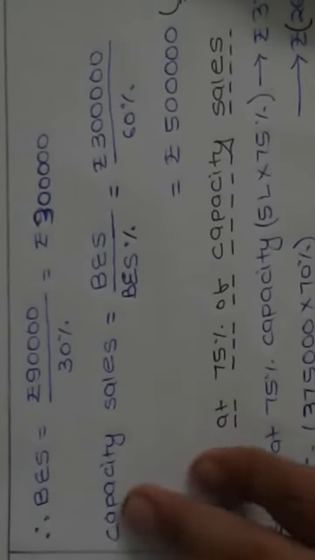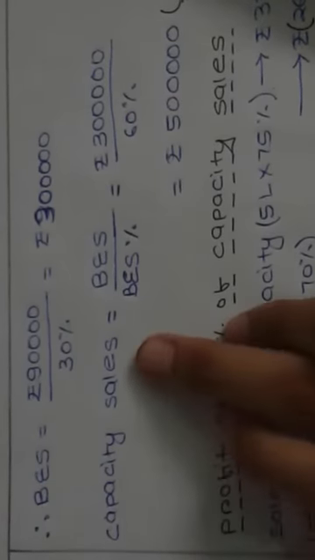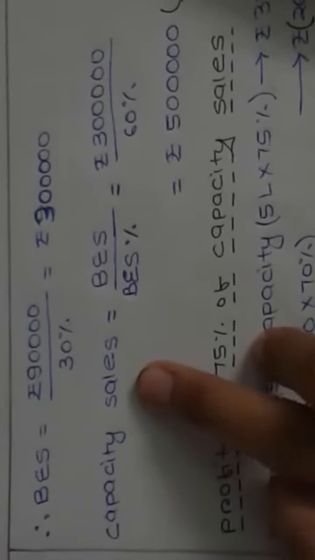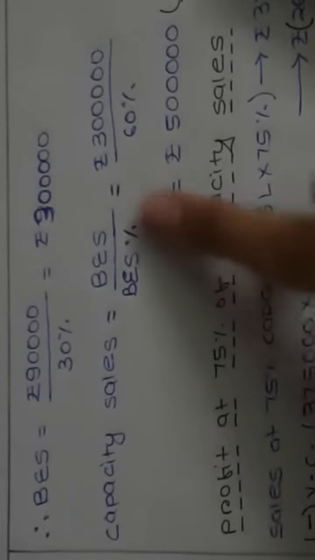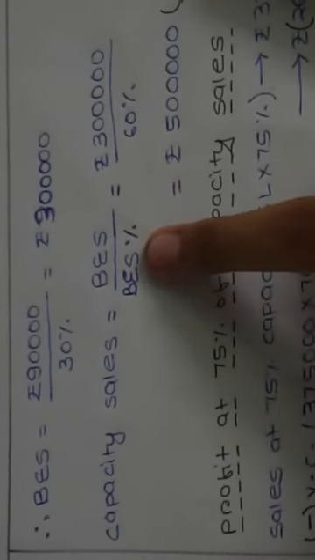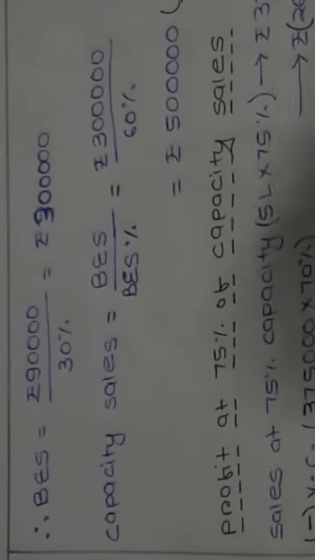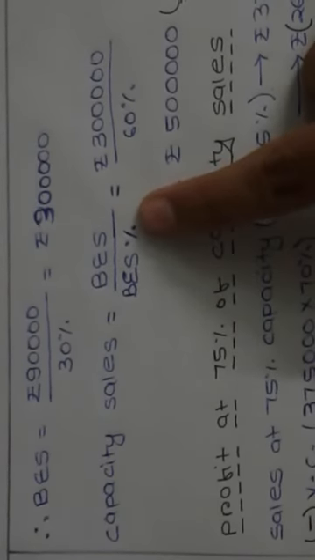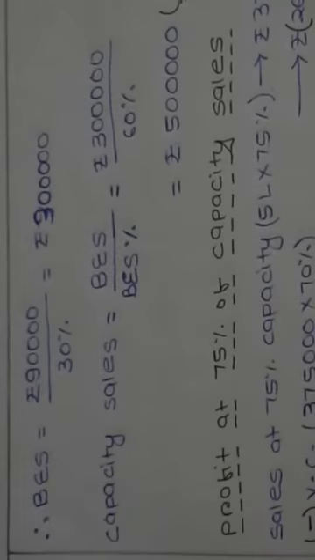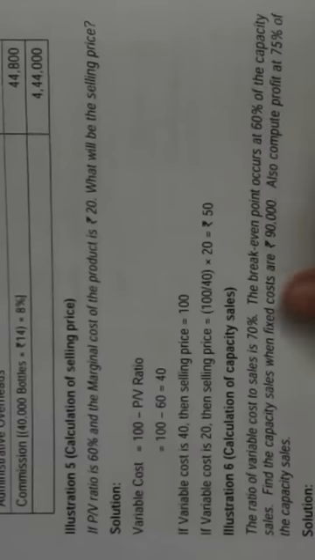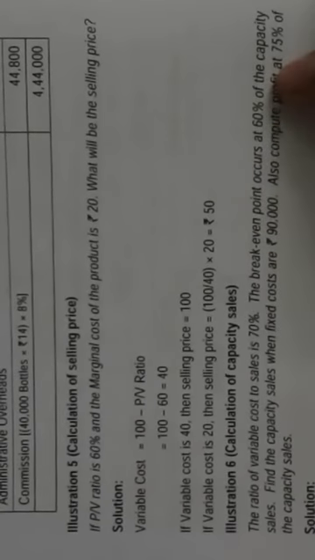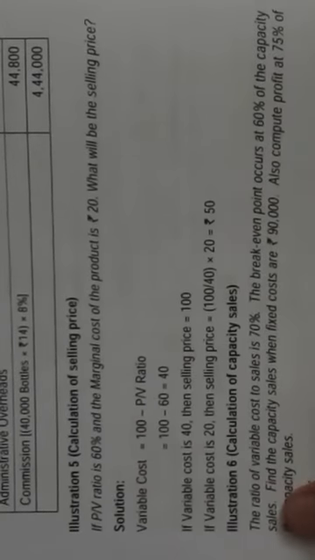Now we have to find out capacity sales. The formula of capacity sales is equal to break even sales by break even sales percentage. Break even sales percentage is given in the question: the break even point occurs at 60% of the capacity sales.